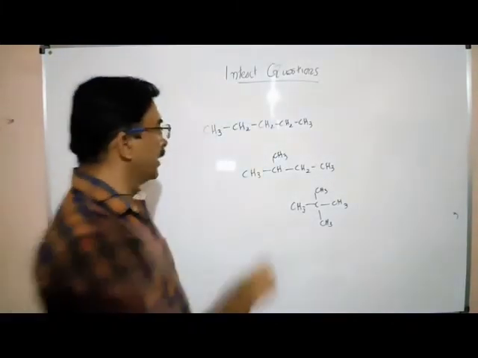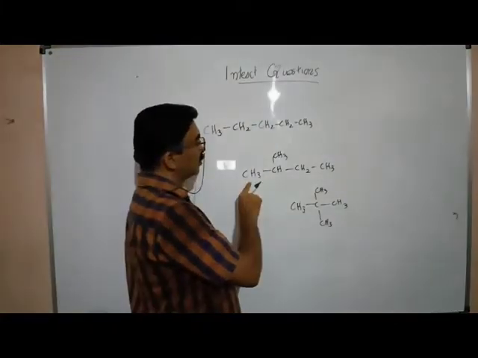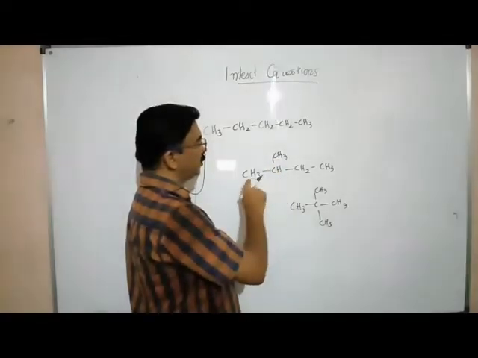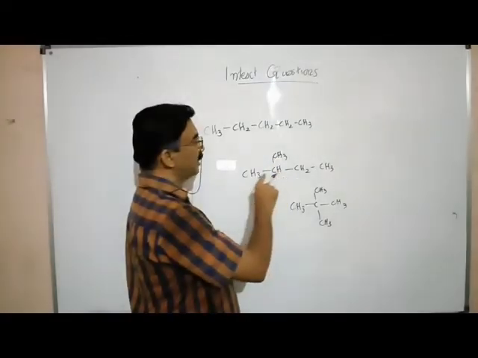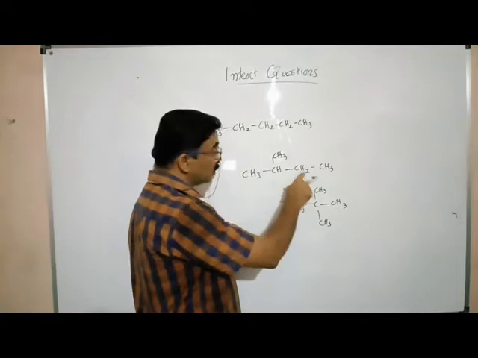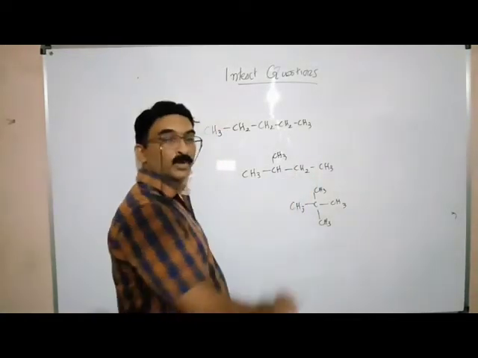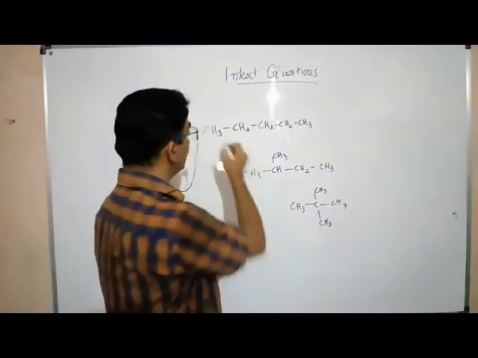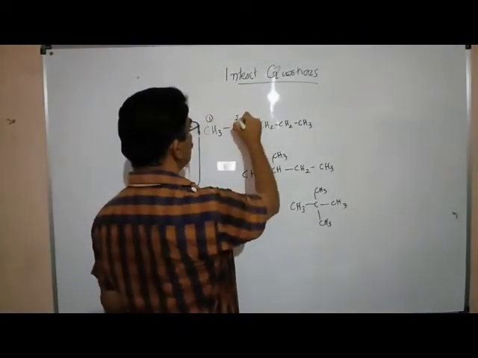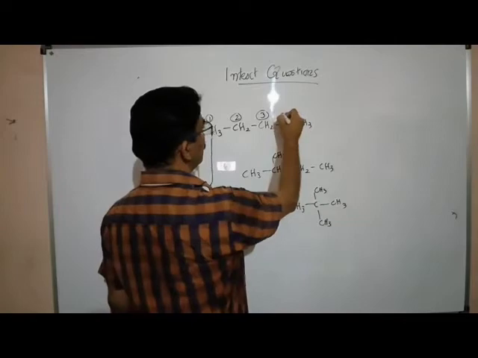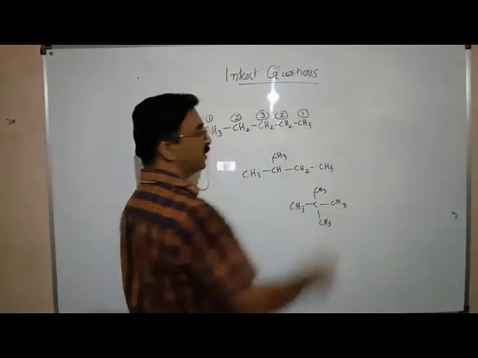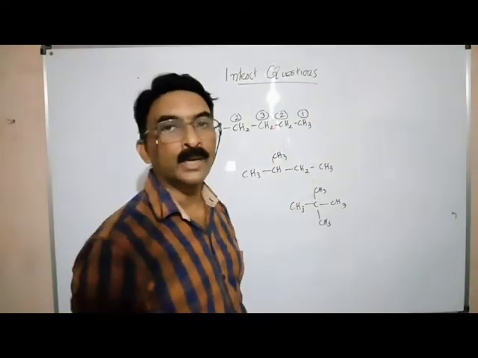And this we know: 1-chloro-2-methylbutane, 2-chloro-2-methylbutane, 2-chloro-3-methylbutane, 1-chloro-3-methylbutane. We know it has 1, 2, 3, 2, 1: 3 different carbons, so we have 3 different chlorine substitutions.